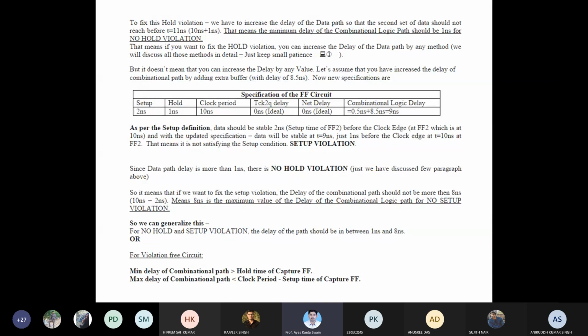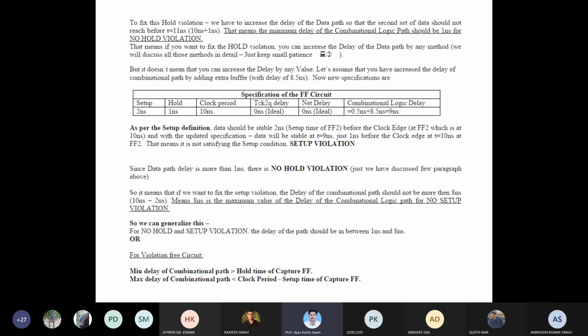Okay, so since the data path delay is more than 1 nanosecond, there is no hold violation, but you still have a setup violation. So it puts a limit that you can't unnecessarily increase the combinational logic delay, right? Okay, so what is the maximum delay?